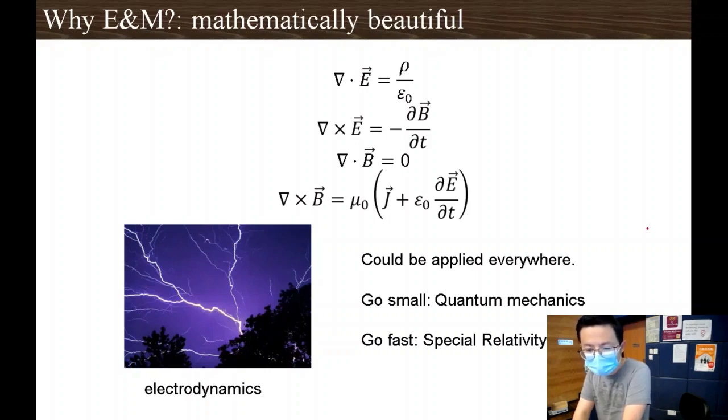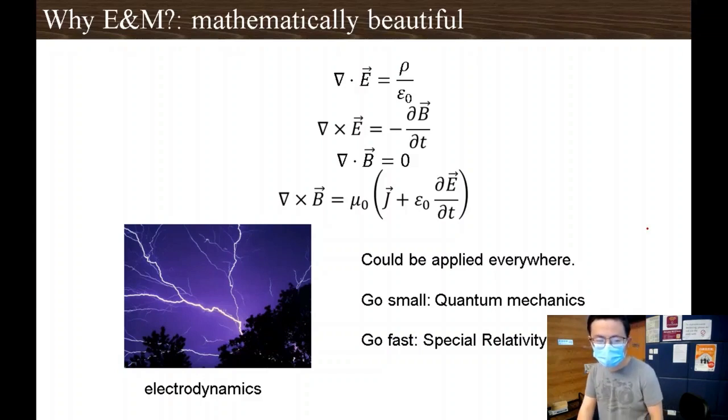And also, EM is very special in the sense that Maxwell's equations are correct everywhere and at any time. For classical mechanics, if you reduce your system scale, classical mechanics might break down, and you have to use quantum mechanics, right?